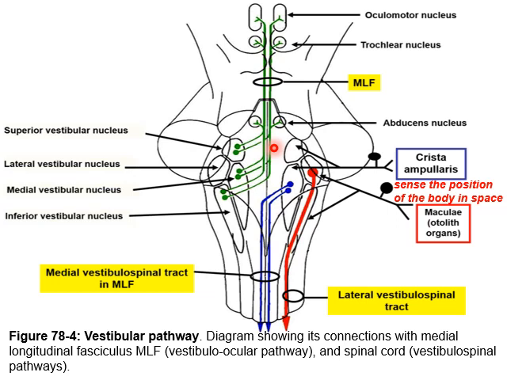There are also other connections coming from the vestibular nuclei. If you go to the receptor first, here is the crista ampullaris present in the semicircular ducts, and here is the location of the maculae or otolith organs in the utricle and saccule of the inner ear.